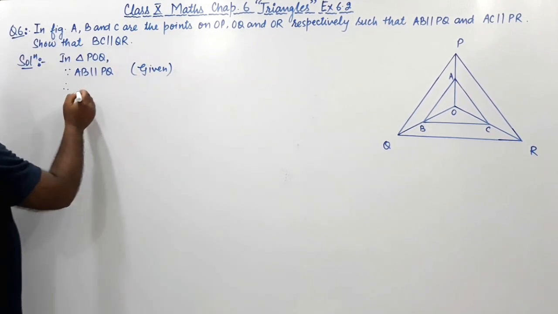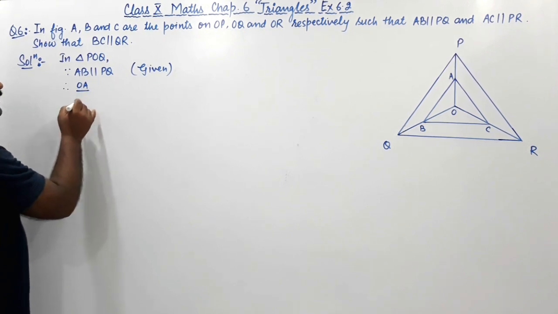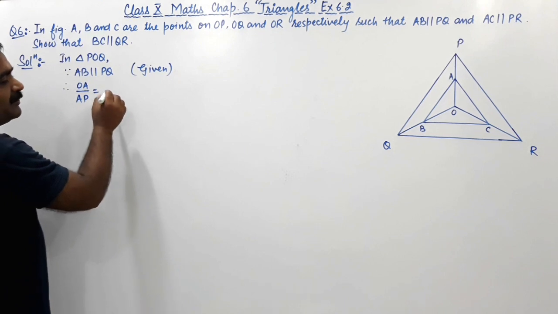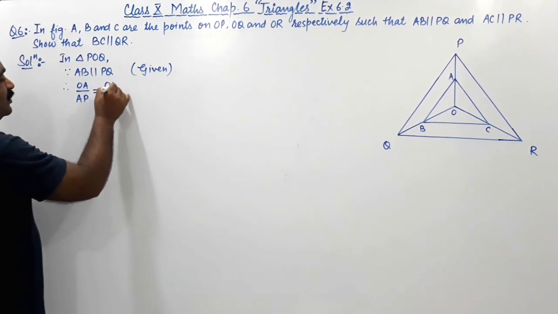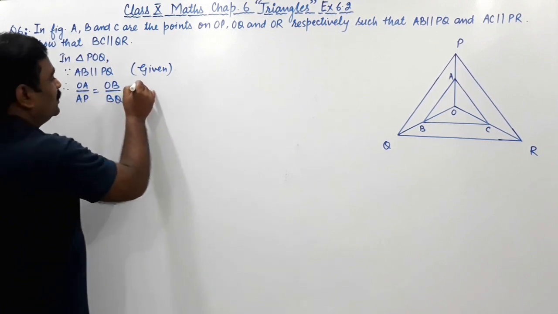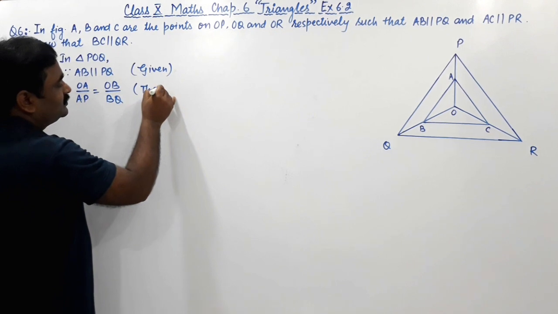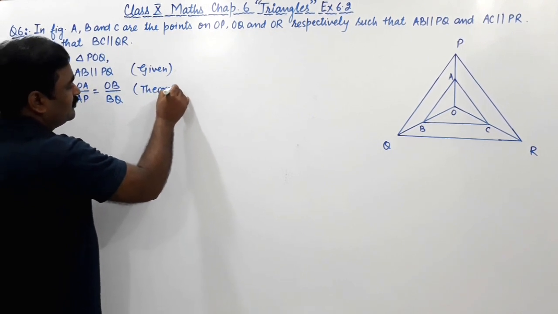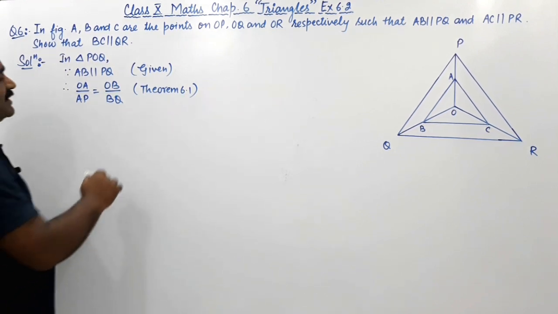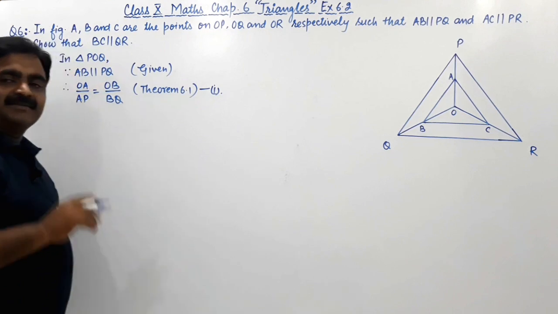So OA upon AP equals OB upon BQ by theorem 6.1. Say it is equation number 1.